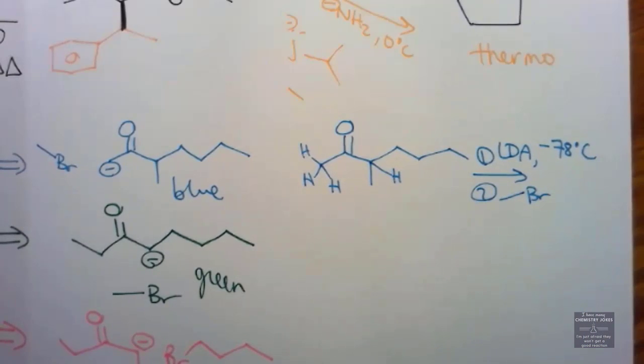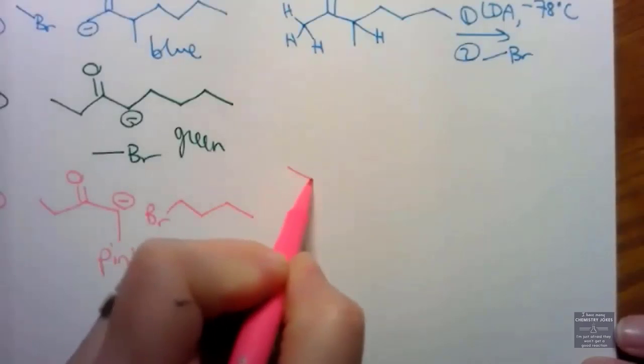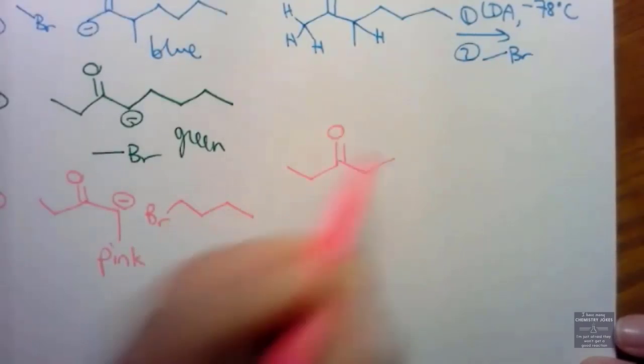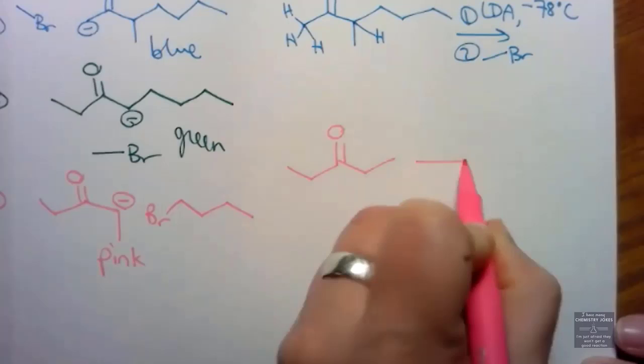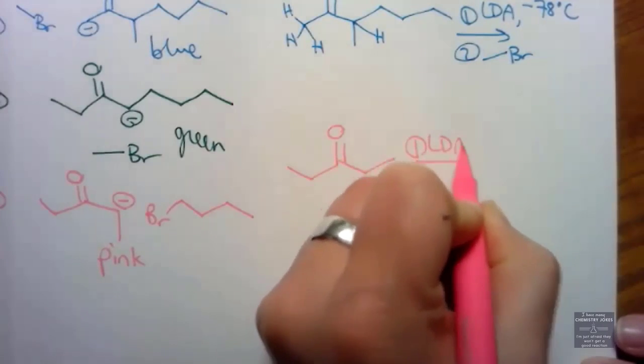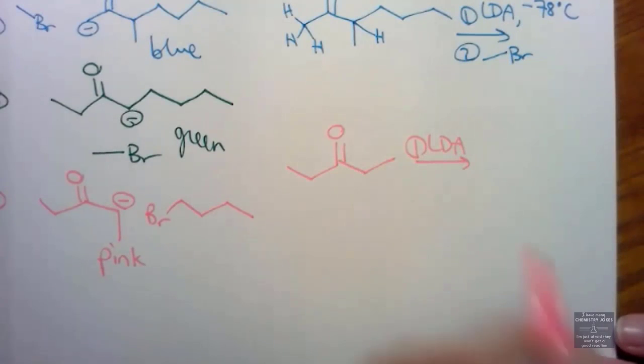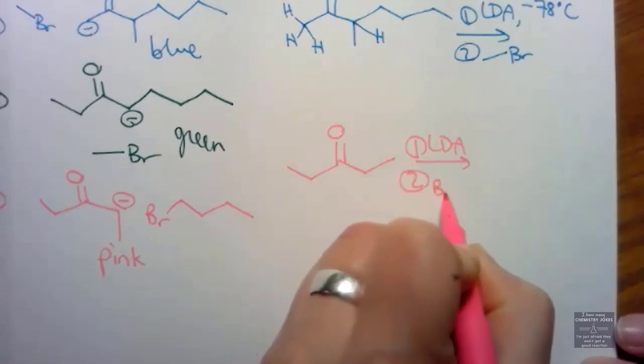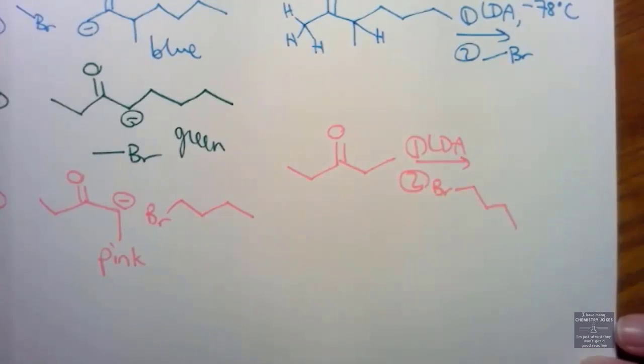Blue's doable, but not my favorite. Pink is actually my favorite because you can start with this ketone that is symmetric and you add LDA, no worries about temperature. Then you add butyl bromide. Done. Blue is usable. Pink, in my opinion, is best. Green is the worst.